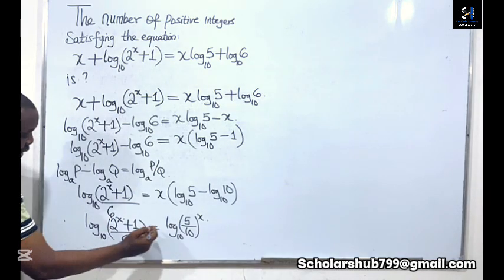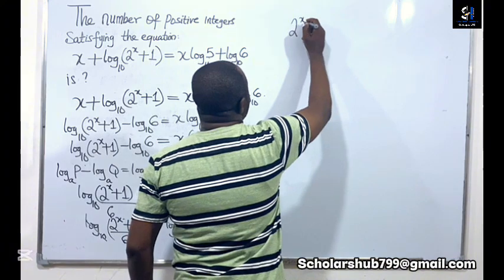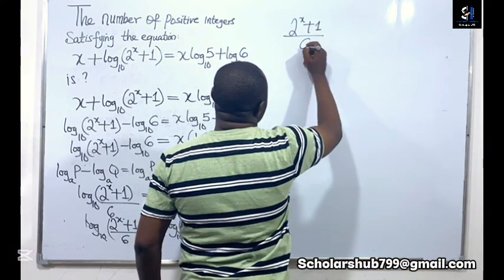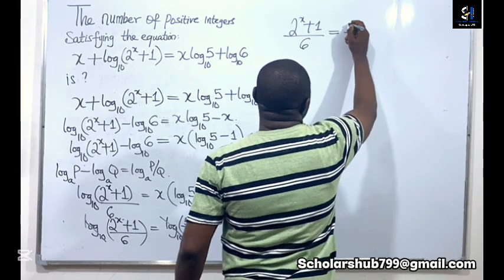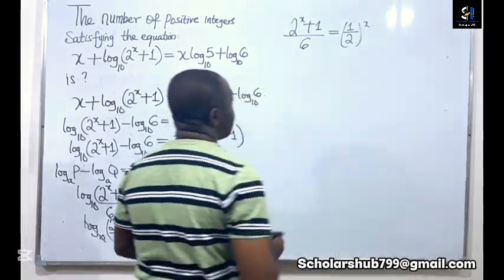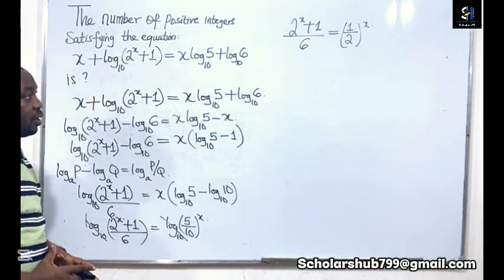Now I'm going to remove the log, so this reduces to (2 raised to the power of x plus 1) over 6 equals (1 over 2) raised to the power of x, because 5 out of 10 is 1 over 2.